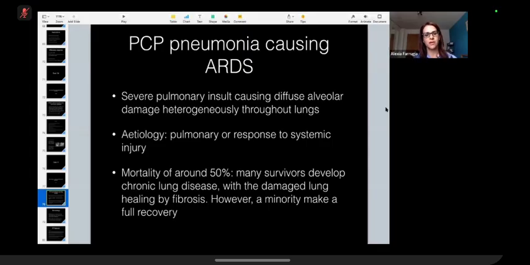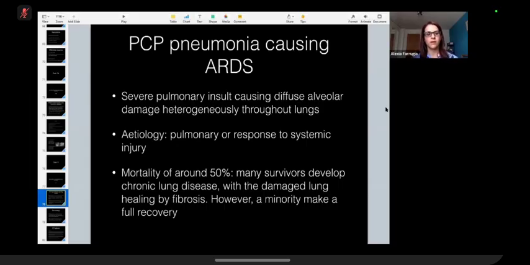Mortality is very, very high, around 50%. And the survivors, many of them develop chronic lung disease, because the way damaged lung heals is by fibrosis. A minority make a full recovery.